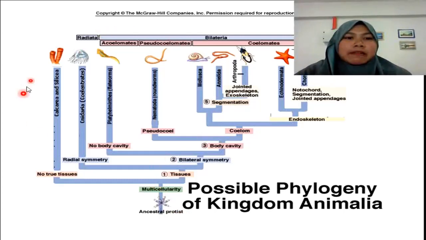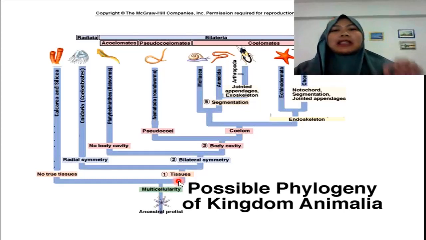So what you can see from this picture is that animals are basically classified based on their complexity, starting from the least complex up to the most complex organism. Animals are first differentiated based on tissue.